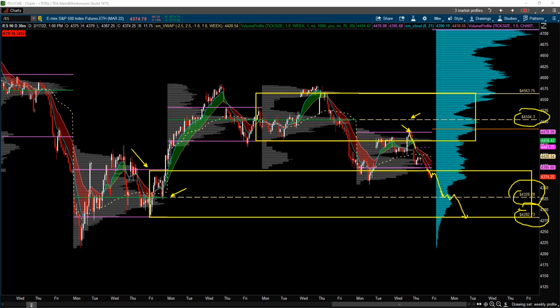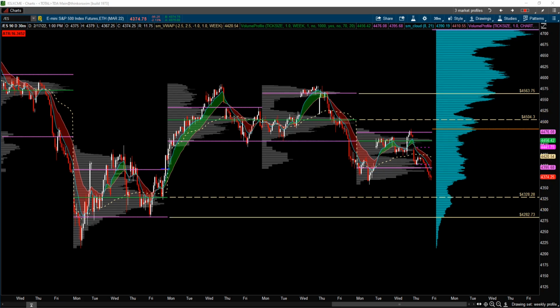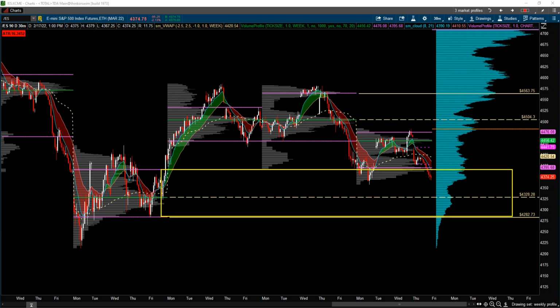Remember, when we look at the market profile, that's one of the extremes, the downside extreme. The other thing is if it goes back up, then we are essentially looking for it to try to come back inside of this developing value area for this week, so just chop around and then close inside here near the 4400 and 4390 area.